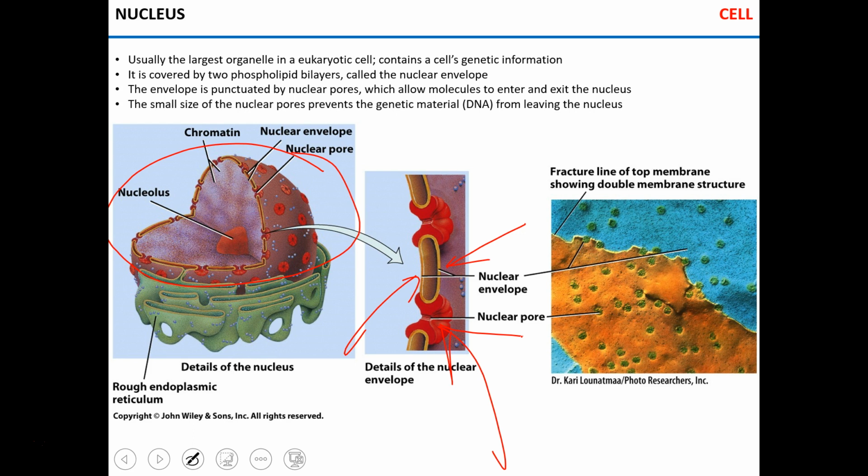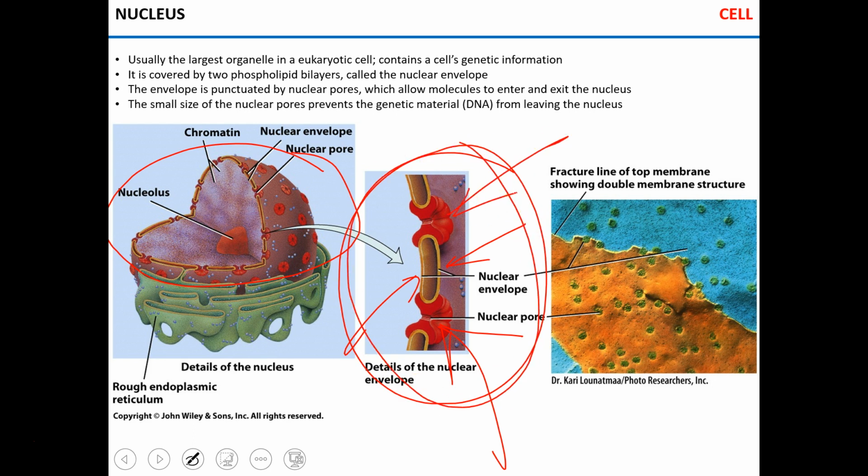So again, its envelope is a double membrane, and it contains the pores. Inside of the nucleus, you can find a non-membrane bound structure called the nucleolus. The function of the nucleolus is to produce ribosomes.